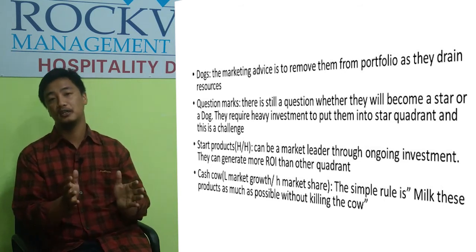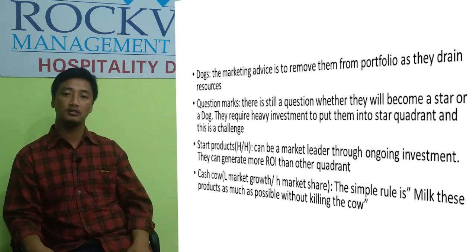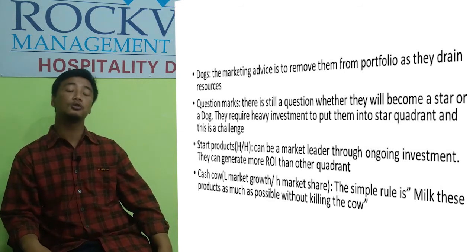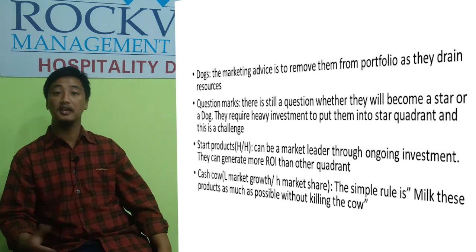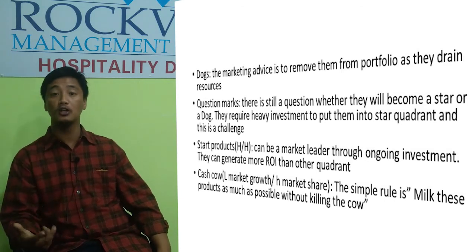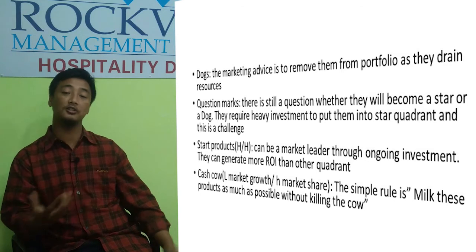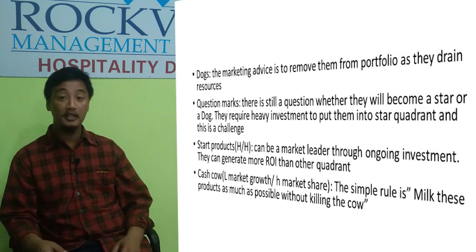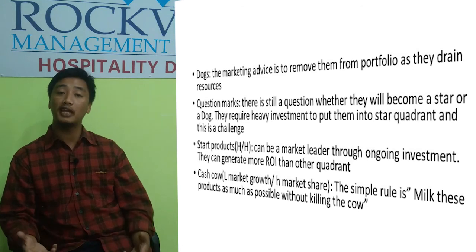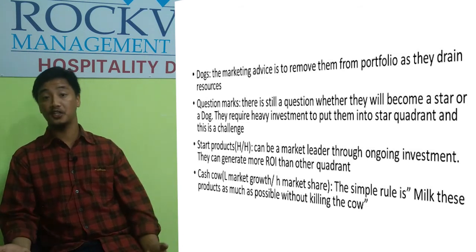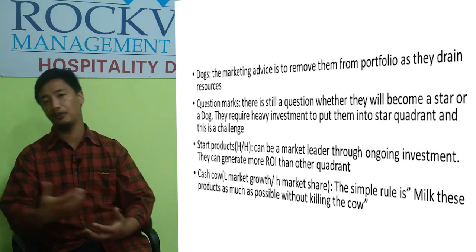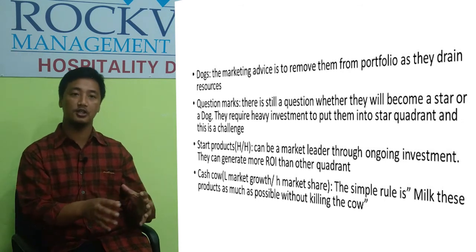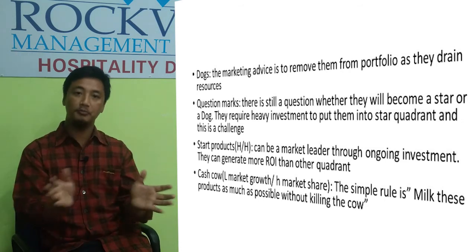So with this explanation, we come to the end of the BCG matrix. This is one of the very important matrices that we come to understand. In terms of strategy development and adoption, the BCG matrix plays a very important role, and it serves as a yardstick, a guidance to top level management in making their corporate strategy: which business they should be investing in, which business they should refrain from investing in, which product requires more investment.